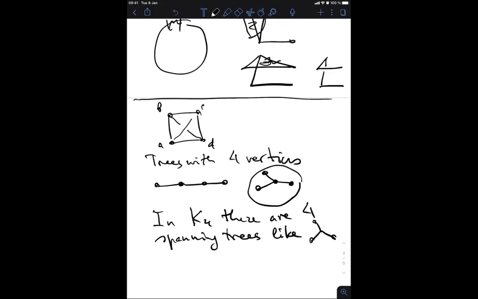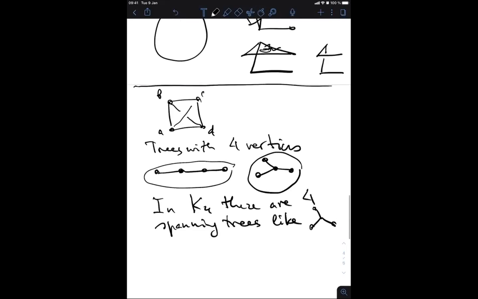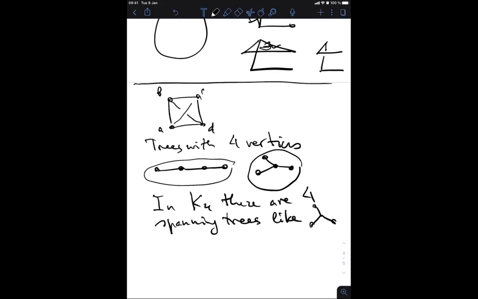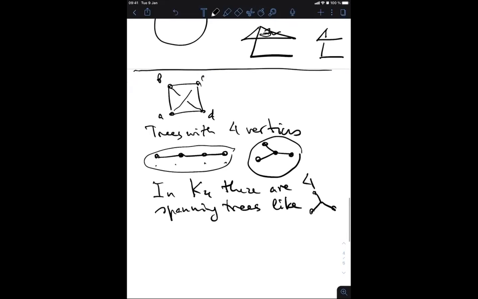Now, this is a path. How can we get a path from K4? We have to write down any sequence of labels, since it's a complete graph. If we put labels A, B, C, D in some order, then we will be uniquely choosing a path.